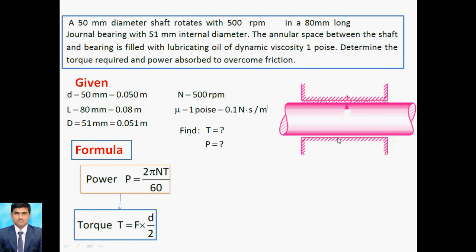As we know, tau is nothing but force upon area. I can take this reference, tau equal to force upon area, because we are calculating shear stress, and there is no other load condition in between. So the force is nothing but tau into A, and then we put this in and find the torque.